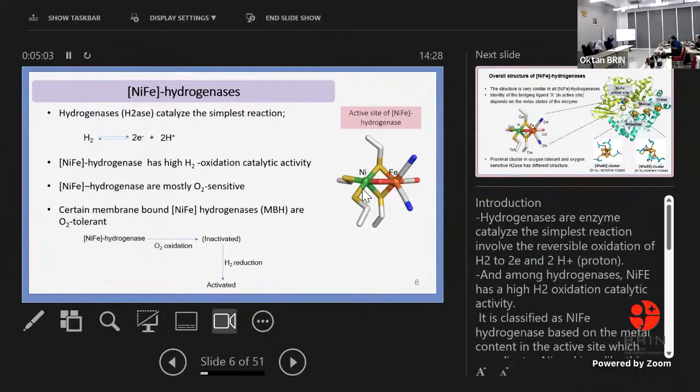Usually the standard nickel iron hydrogenase has very high hydrogen oxidation catalytic activity and is mostly oxygen sensitive. It is easily oxidized and becomes inactivated in the presence of oxygen, but if exposed to hydrogen, it will be activated.